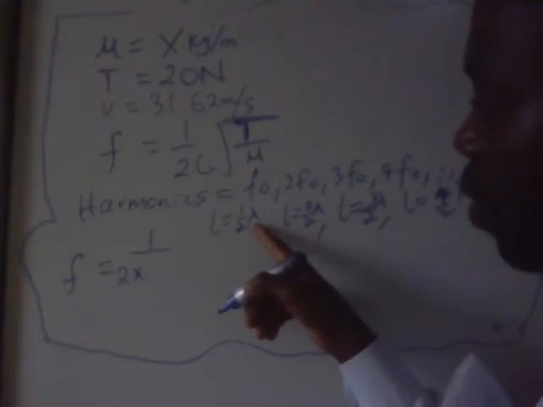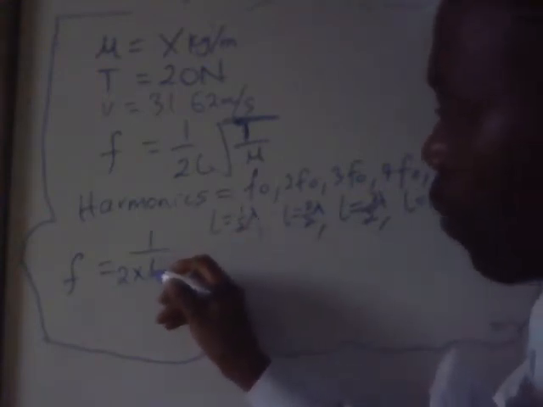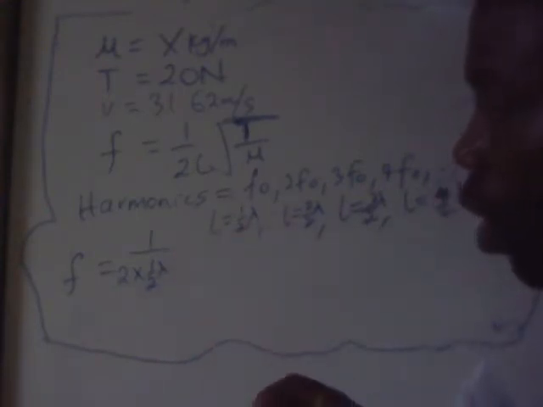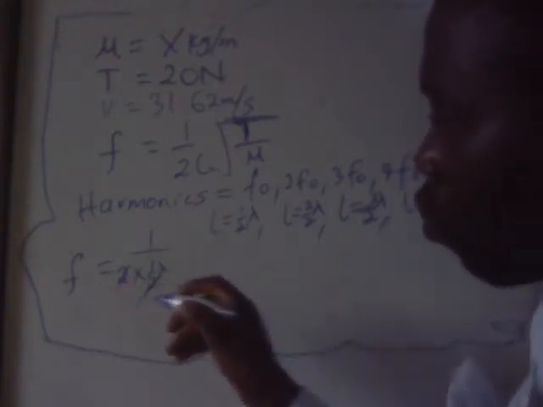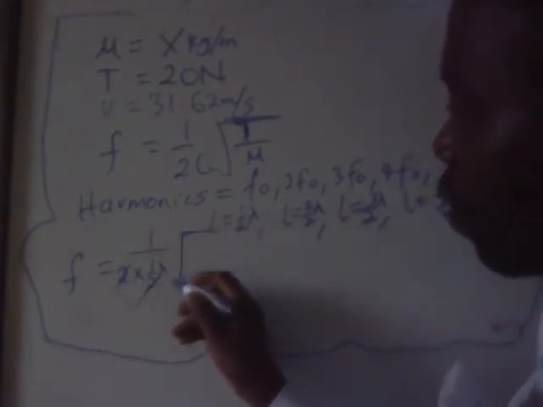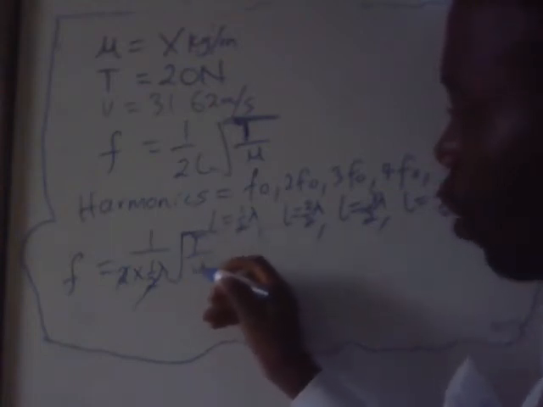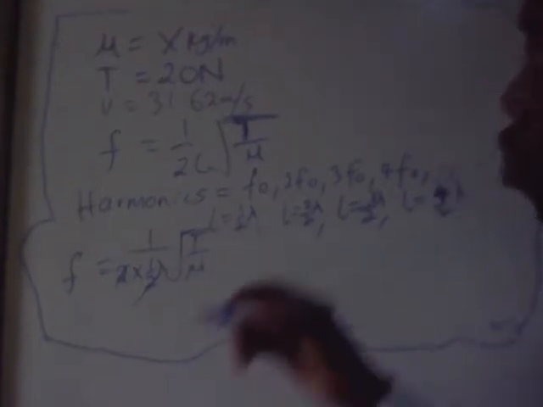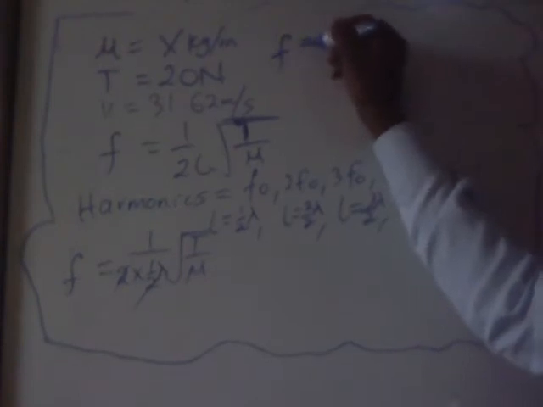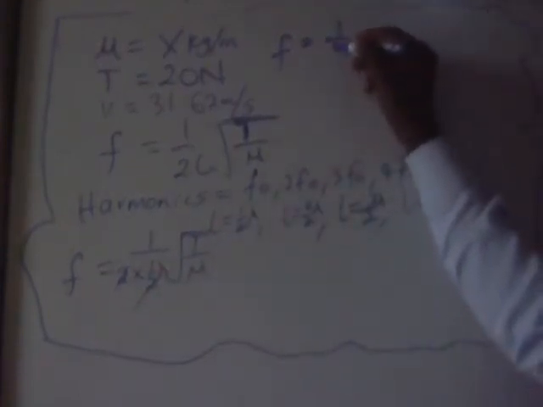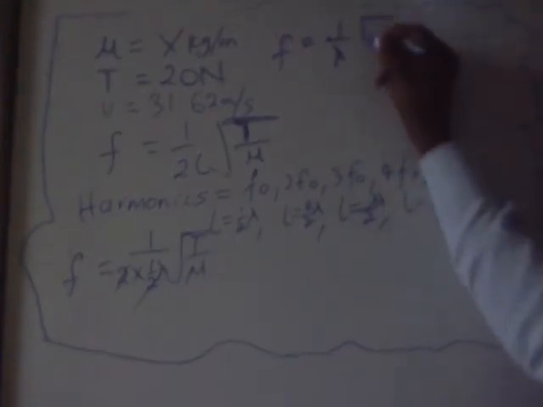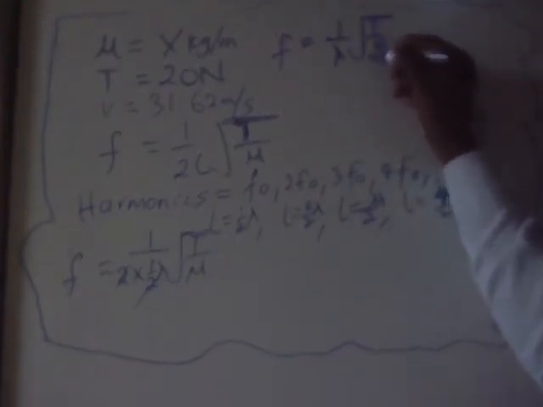My L is half lambda. So 2 cancels 2. Let me repeat this: tension over mass per unit length. Then I have F equals 1 over lambda left here, times the square root of tension over mass per unit length.